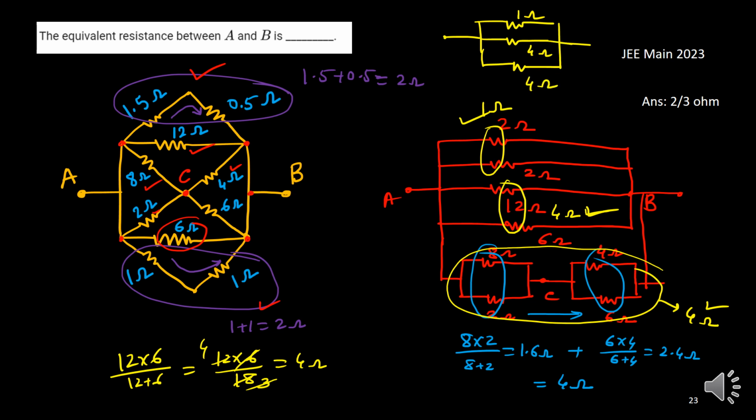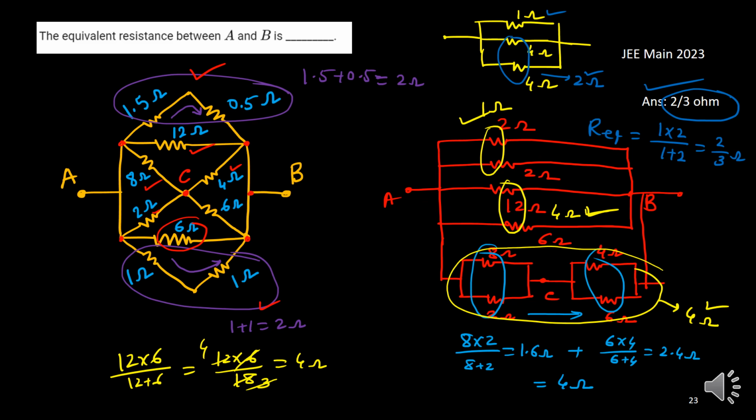So this 4 and 4 are parallelly combined, so I can go for 2 ohm, half of that, 2 ohm. So actually this 2 ohm and 1 ohm are parallelly combined. So what is the R equivalent? It's simply 1 into 2 upon 1 plus 2. So it is 2 upon 3 ohm. So the answer is done. It looks complicated, but it's not that complicated.